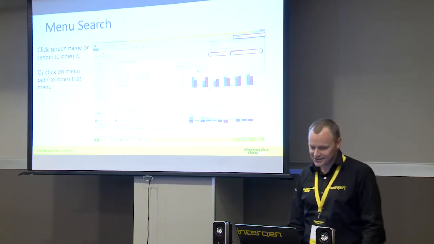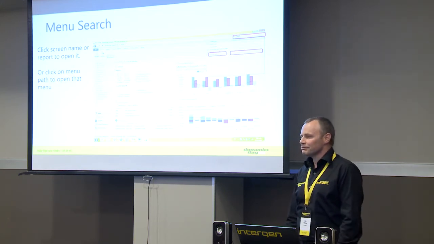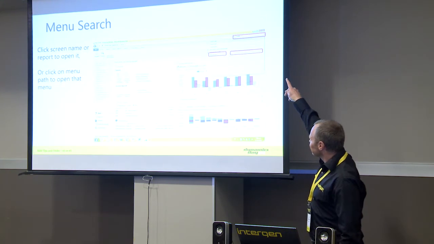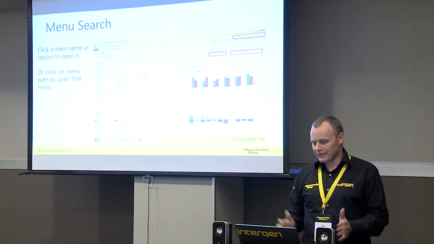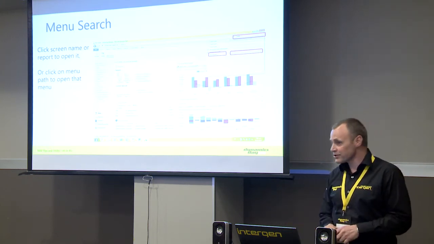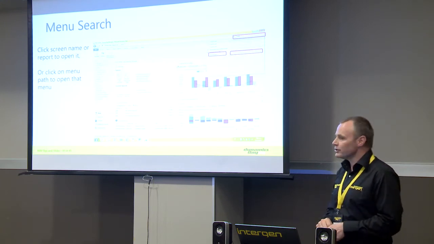Best feature since sliced bread, I think, is the menu search. I think it came in 2009 SP1. Top right. I think Craig might have used it earlier on. It's often the fastest way, if there's a screen you don't go to a lot, so it doesn't really warrant being on your home page.